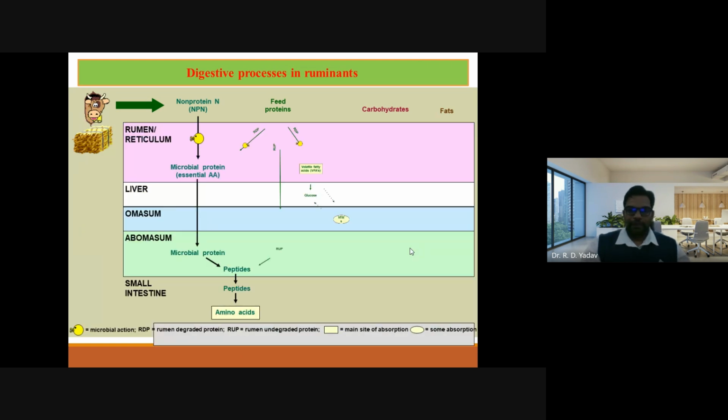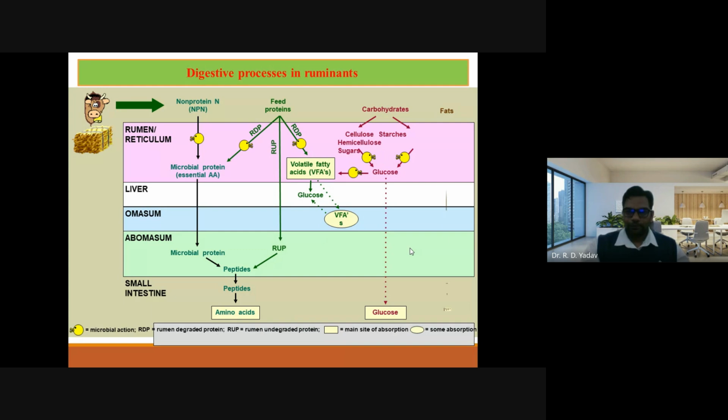So we will discuss the basic complete digestion in the case of ruminants. For example, protein. Protein includes non-protein nitrogen and true proteins. When you give the protein, it goes to the microbial protein synthesis in the rumen, and feed protein consists of 3 units: rumen degradable protein, RDP, and rumen undegradable protein.